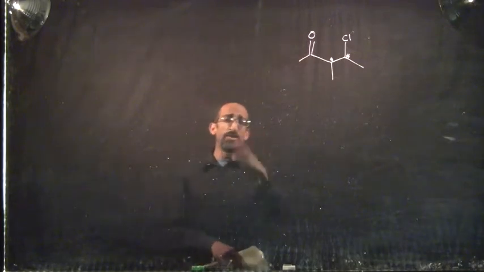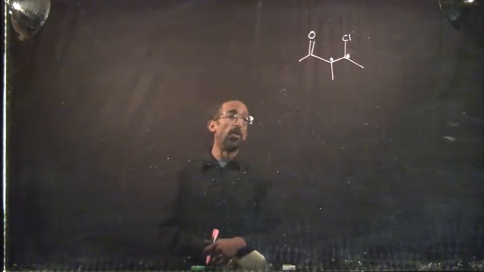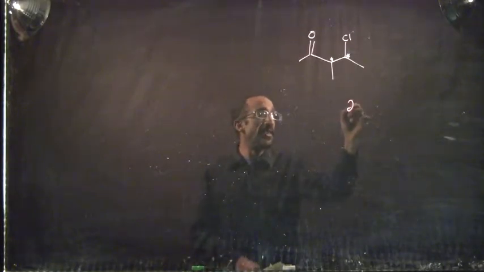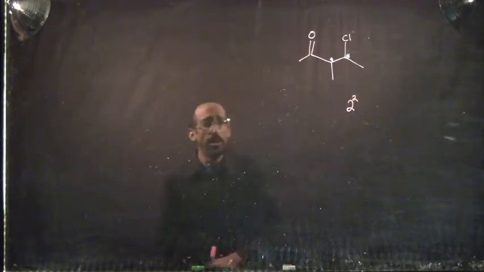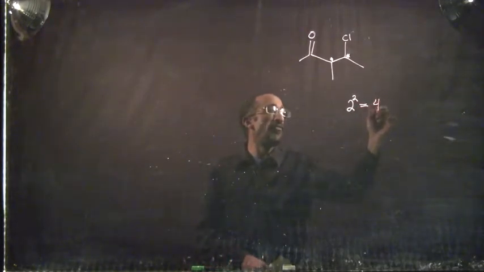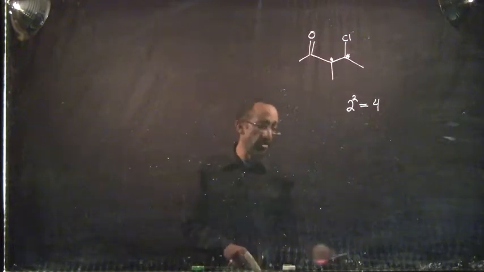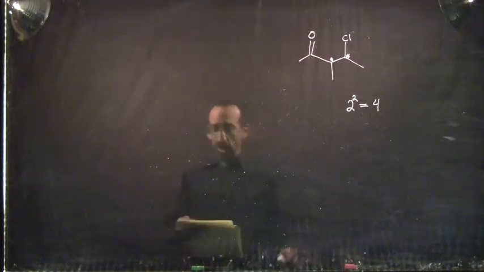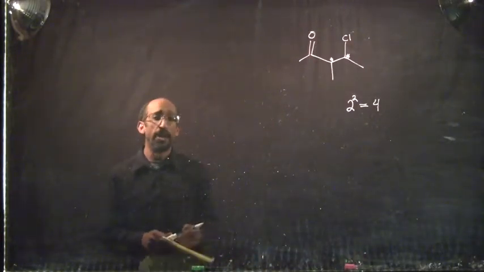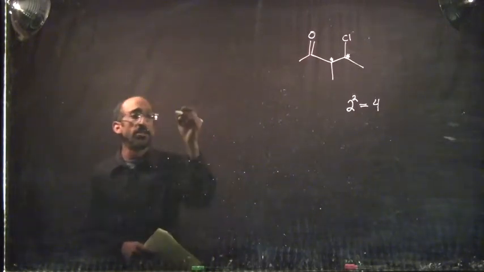Since I have 2 stereocenters, and each stereocenter can be either R or S, I have 2 to the power 2 total possible stereoisomers. So there are 4 different ways that this molecule could potentially be configured. And I'm going to go ahead and draw all of those out for you now and label the individual stereocenters.